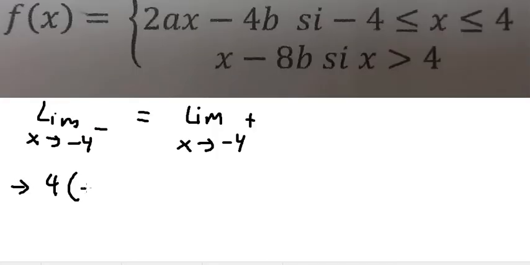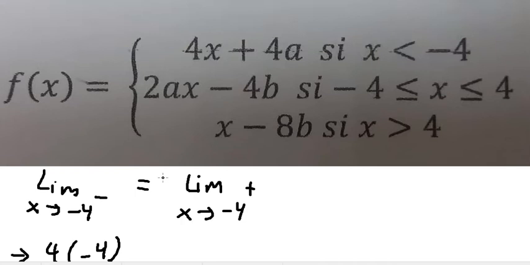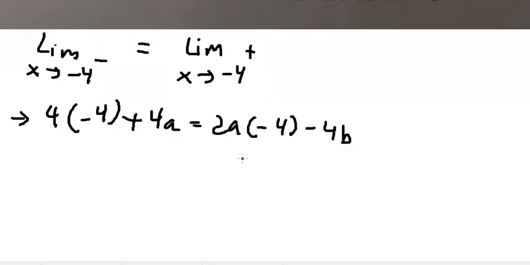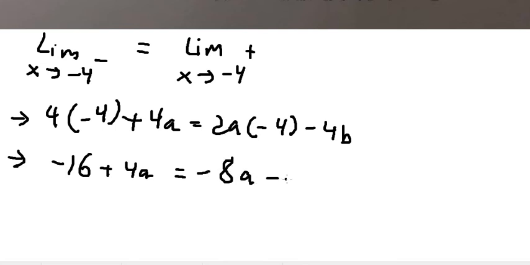So we have 4 multiplied by negative 4 plus 4a equal to 2a times negative 4, minus 4b. Now we need to simplify this, and we have negative 16 plus 4a equals negative 8a minus 4b.